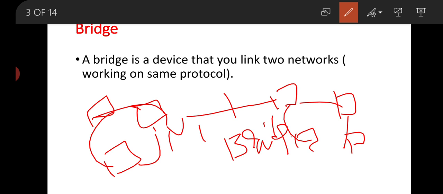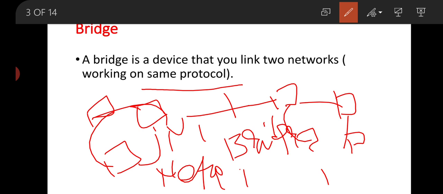Here bridge can be established. That means bridge is a device that will link two networks, but the condition is they must be working on the same protocol. That means network first and network second both are working on the same protocol. If they are working on different protocols, then bridge cannot be used between them.